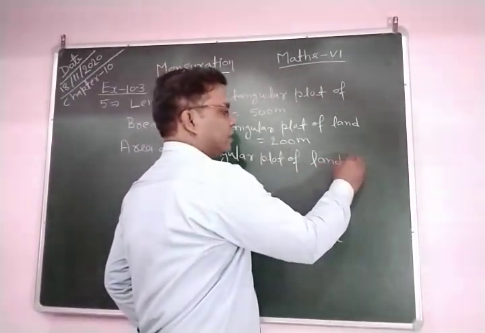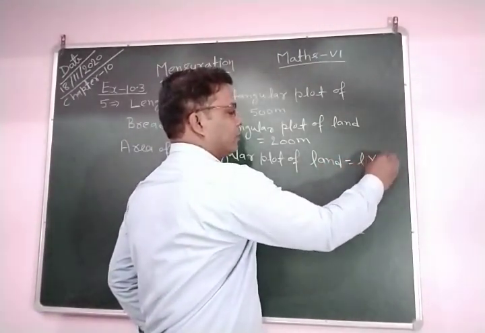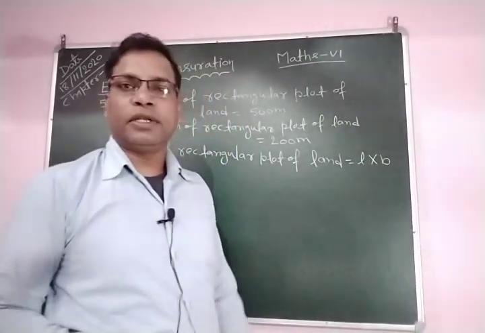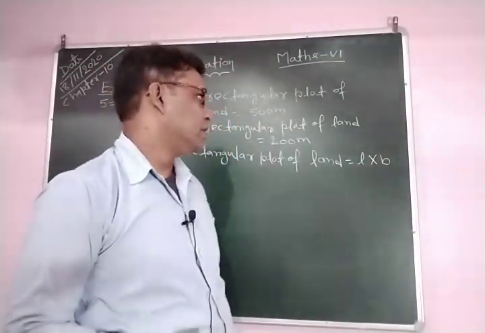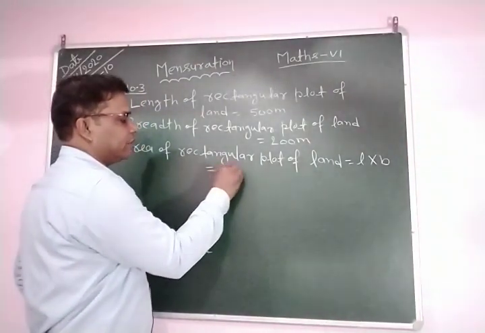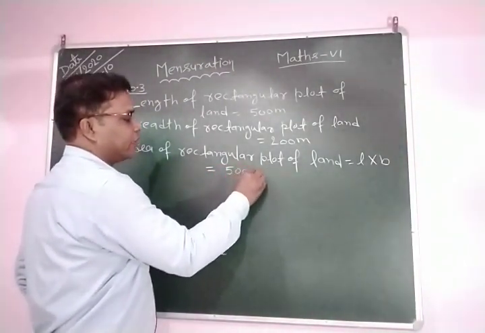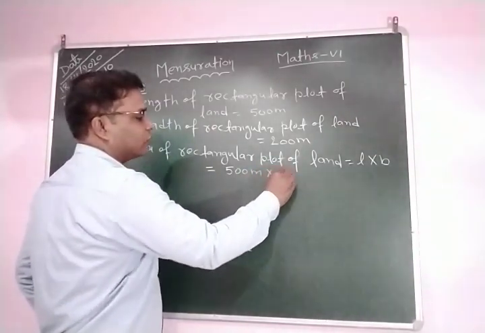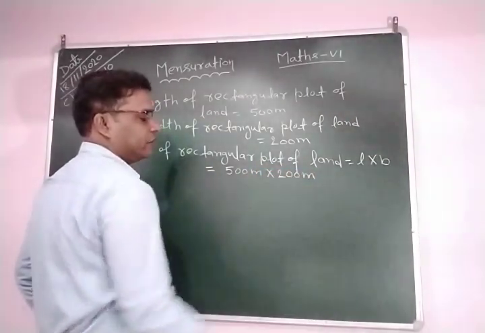L represents length and B represents breadth. Here the length is given as 500 meters, and the breadth is also given as 200 meters.